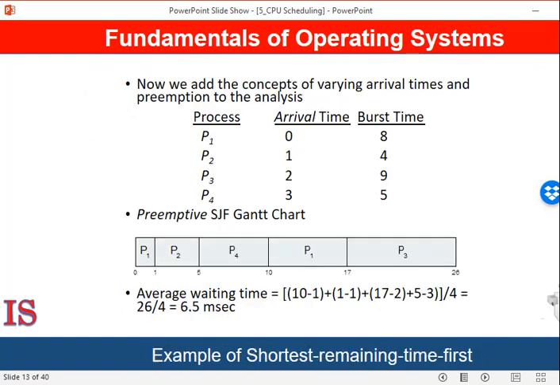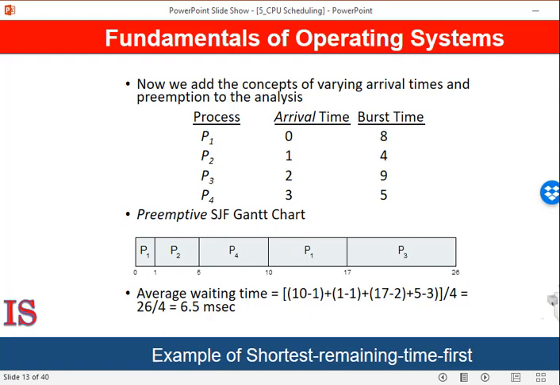As an example, consider these four processes with the length of the CPU burst given in milliseconds. If the processes arrive at the ready queue at the time shown and need the indicated burst times, then the resulting shortest job first schedule is depicted in the Gantt chart. Process 1 is started at time 0, since it's the only process in the queue. Process 2 arrives at time 1.